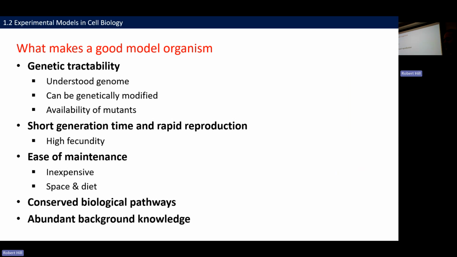You want an organism that has conserved biological pathways. If the biological pathways of what you're studying are completely different from a human, and you're trying to study medicine or something like that, it's completely useless. When we say conserved, it means across species. And when we say biological pathway, we don't mean just signaling pathways.